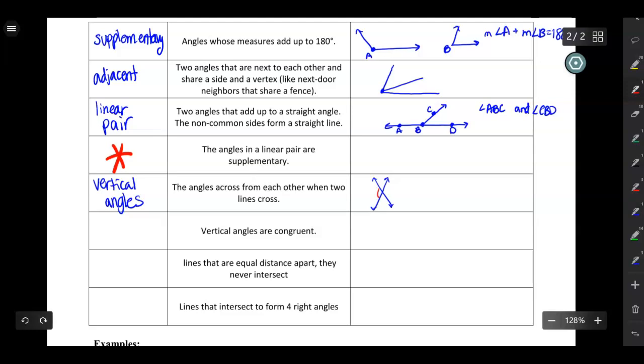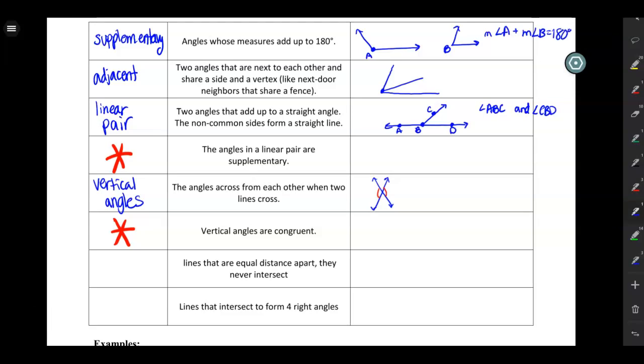These two red angles that I'm highlighting are vertical angles. And the next line has something really important. It's another important theorem. Vertical angles are congruent. So anytime you can find a pair of vertical angles, you know they're congruent, which means that their angle measures are the same.